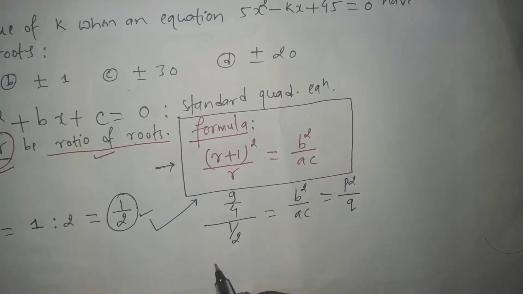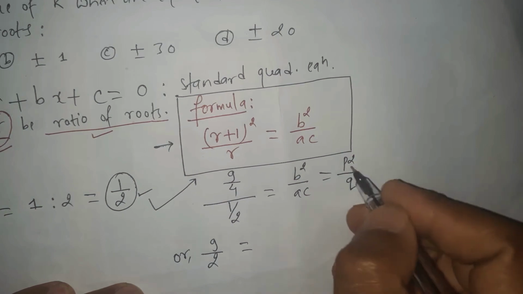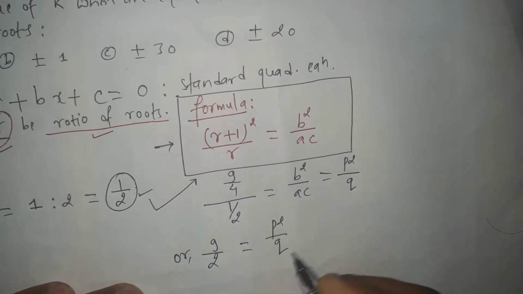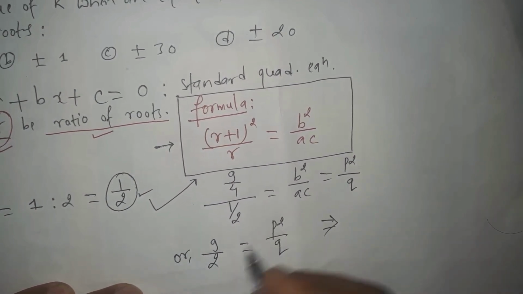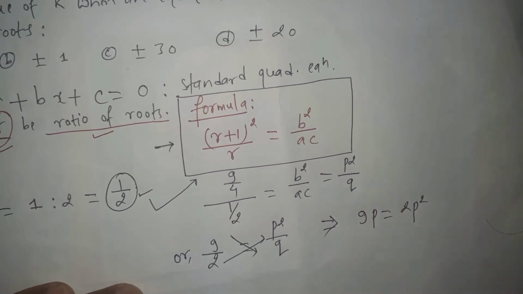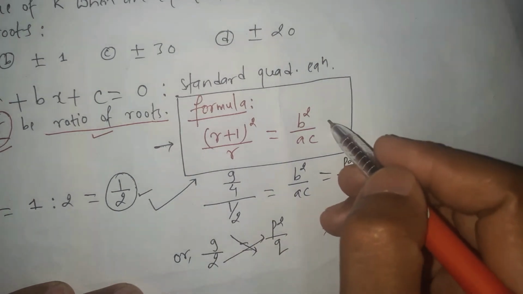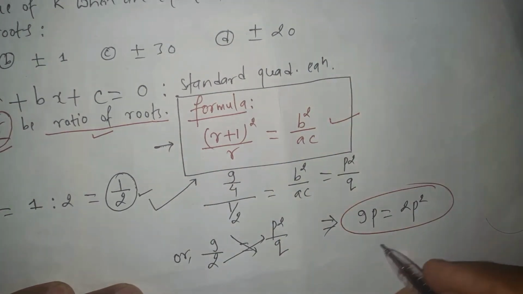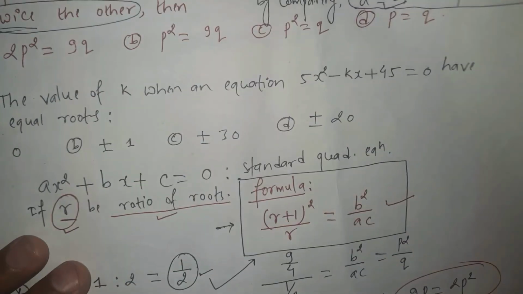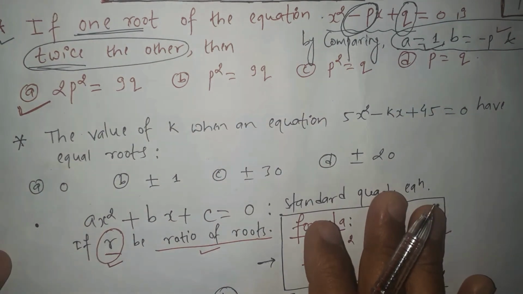This is 9 over 2, equals p square over q, and by cross multiplying we get 9q equals 2p square. This is the final answer. We have solved this question by using this formula. Please remember this formula. This is the relation between p and q, and the first option is the correct answer for this question.